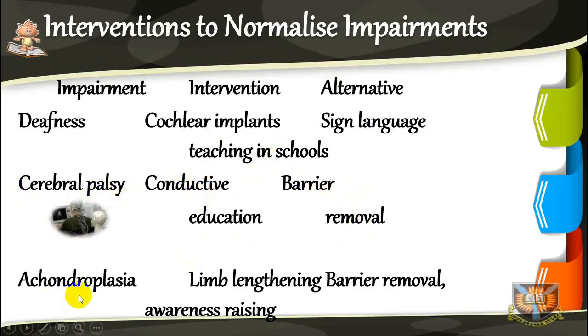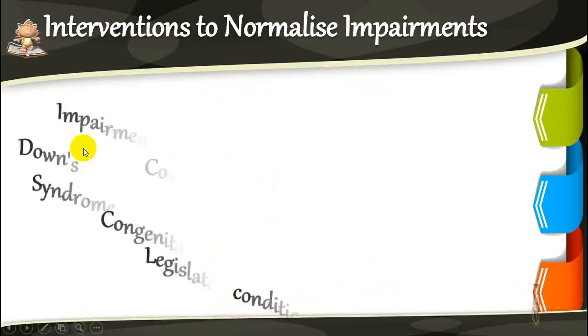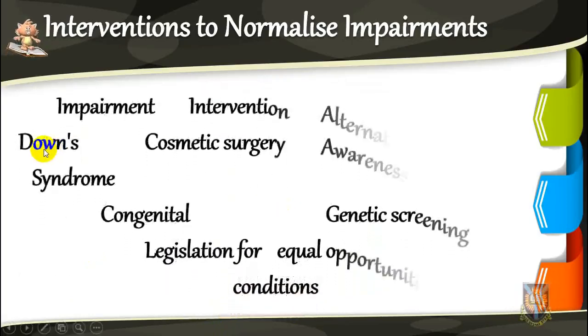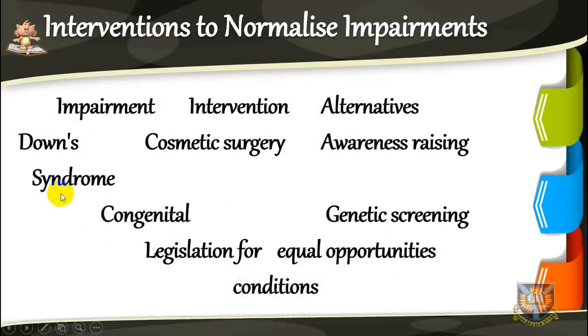Under impairment, we have achondroplasia; under intervention, limb lengthening; and under alternatives, barrier removal and awareness raising. Also under impairment, we have Down syndrome; under intervention, cosmetic surgery; and under alternatives, awareness raising.